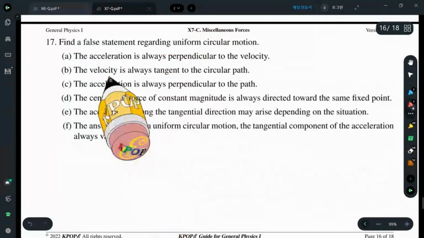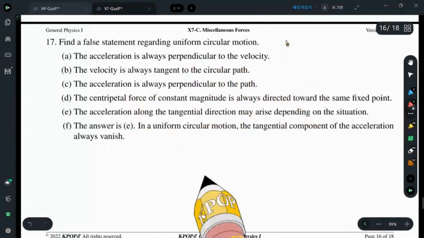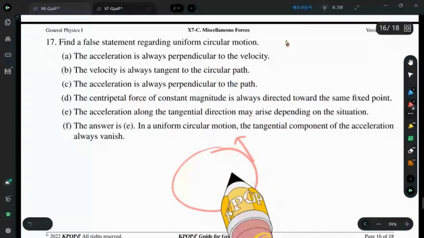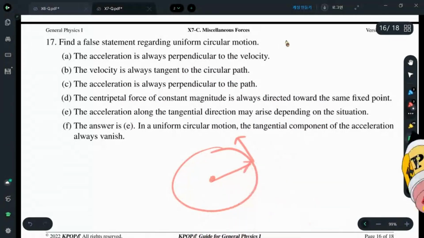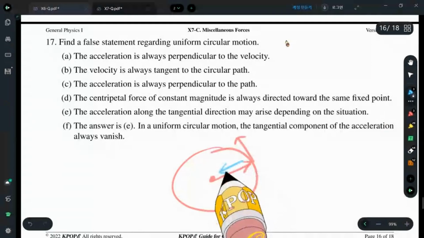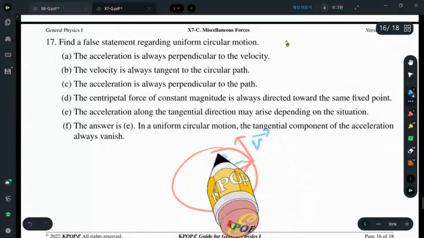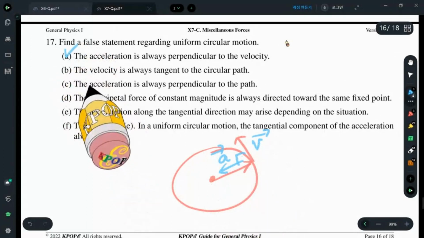Problem 17. Acceleration is always, this is uniform circular motion. This is velocity. Acceleration is toward the center. And this is a velocity, this is acceleration. It's always perpendicular.